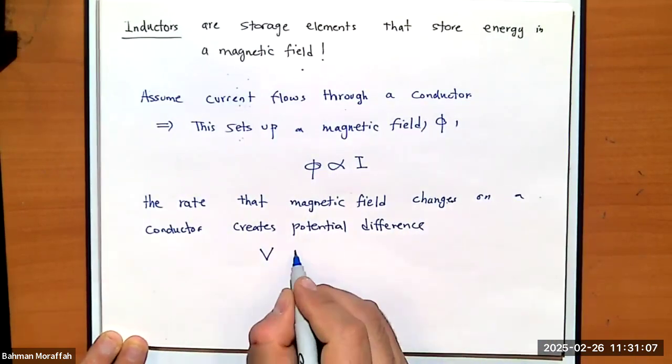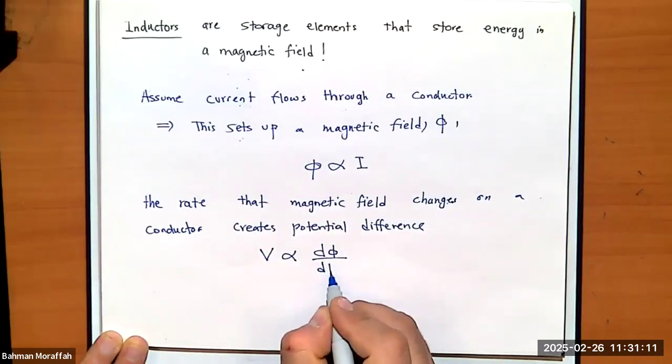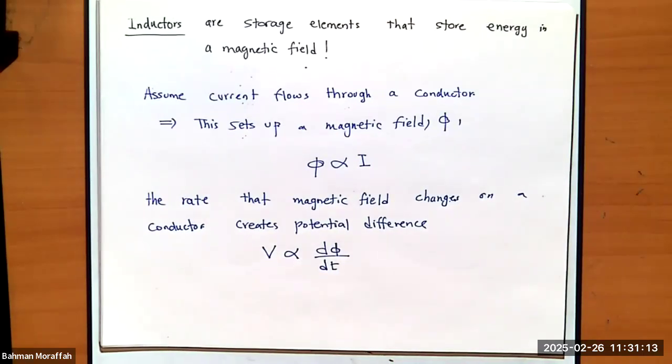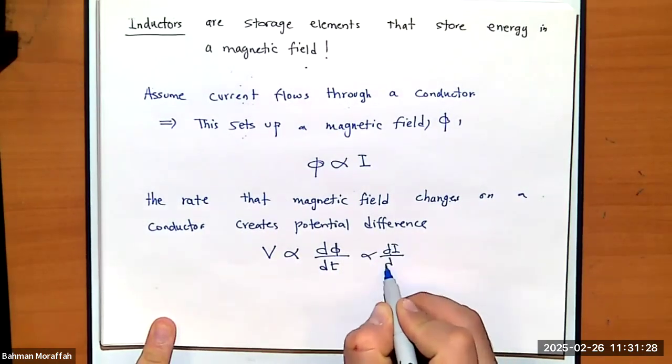So we know V is proportional to the rate that this magnetic field is changing. But I know phi is proportional to I. Therefore, d phi dt is proportional to di dt.